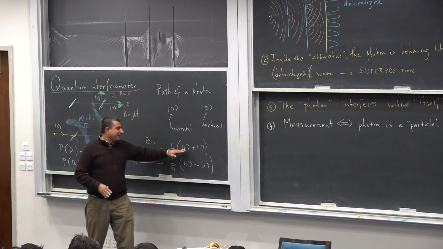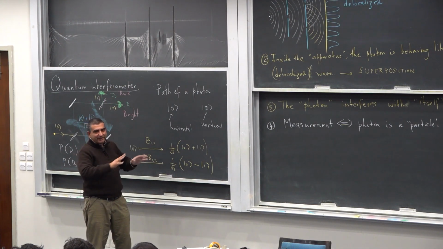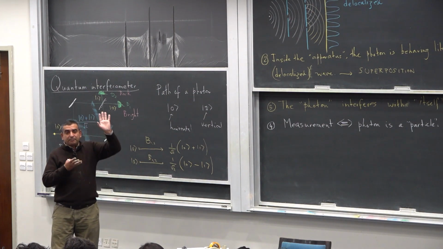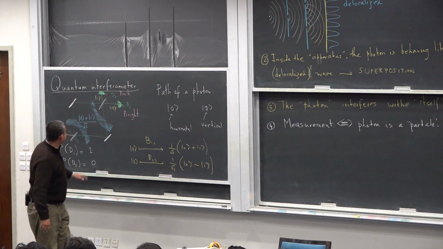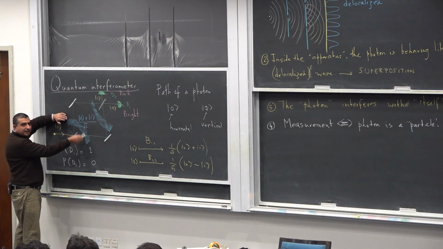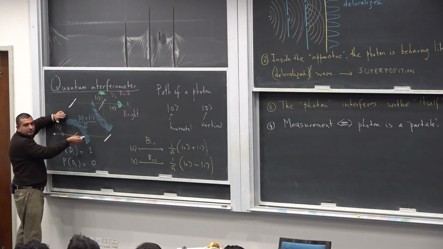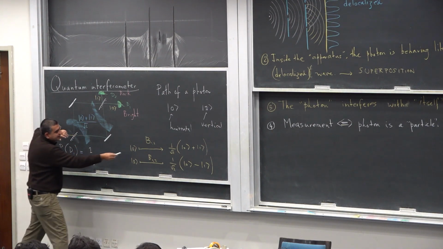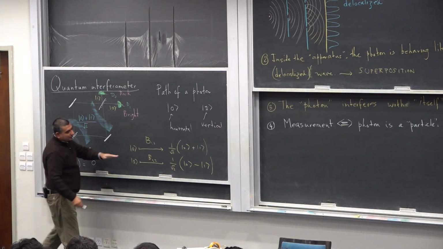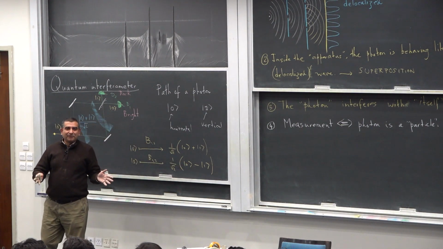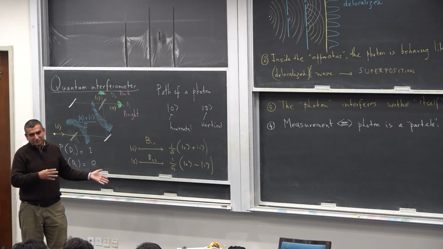You cannot say whether it's up or down here. It's just in this superposition state. You cannot associate a physical path with this quantum state. That's why I draw these kind of strange diagrams. They represent a superposition. That's the best I can do. This does not mean up and down. This does not mean anything else. I cannot associate a geometric path or an orientation or a direction to the photon with this.